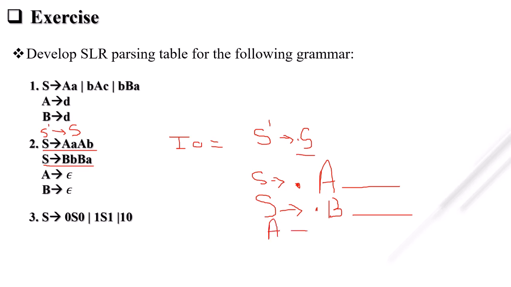Instead of A tends to null, I simply have to write A tends to dot. Similarly here also there is a dot before capital B, so I have to introduce B tends to dot. As I told you in the very first slide, if there is a production A tends to null, we have to simply write A tends to dot in I0.